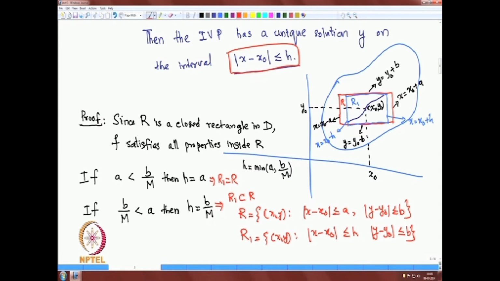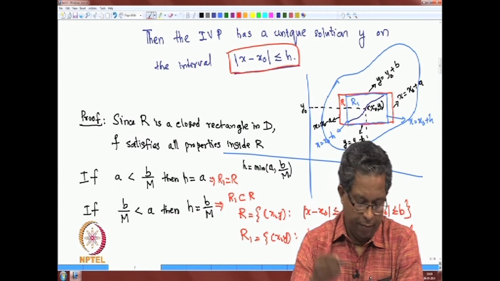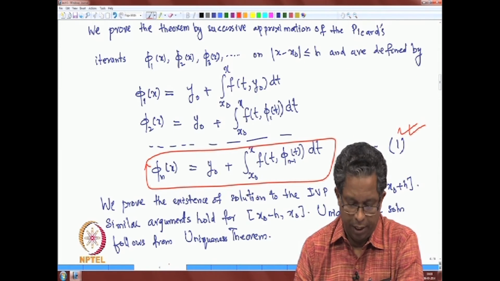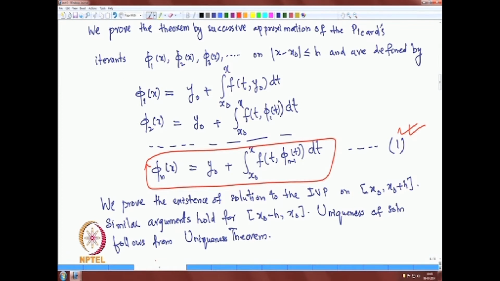And the main idea in the Picard's theorem is we defined what is known as Picard's iterative scheme, the iterants. We defined the Picard's iterants by phi n is equal to y0 plus integral x0 to x f of t, phi n minus 1 of t dt, n is 1, 2, 3 etc. So, we get a sequence of functions.